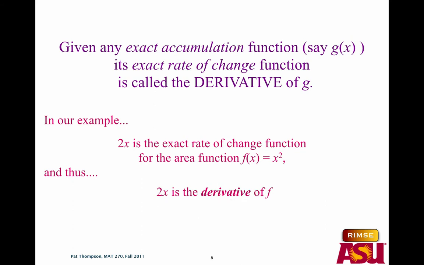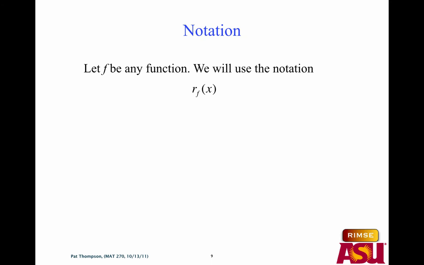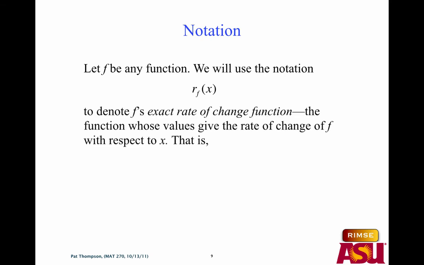So let's talk about the notation. Let f be any function. We're going to use the notation r subscript f of x to denote f's exact rate of change function, which is the function whose values give the rate of change of f with respect to x.